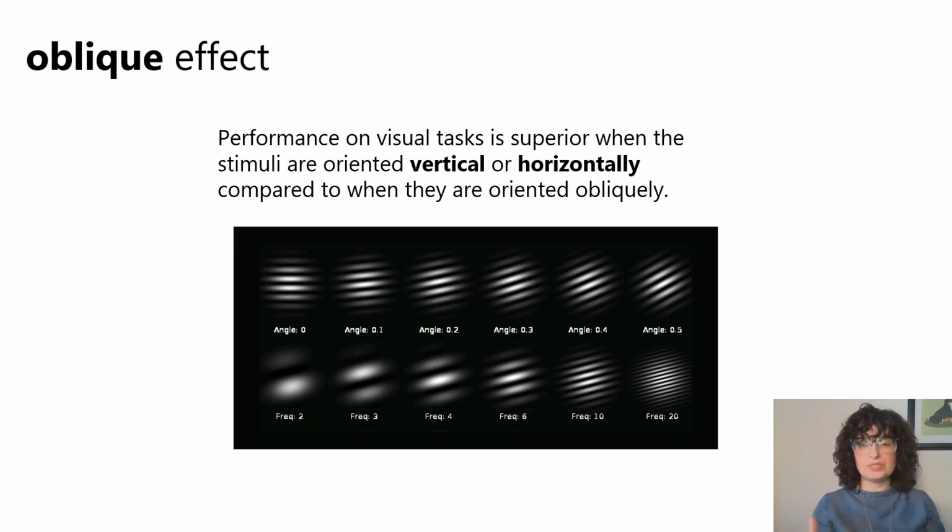What you do is you present stimuli that have a very high frequency and you ask people to make judgments about whether or not the frequency is the same or different on two patches. It turns out people do this task better if the lines are either vertically or horizontally oriented. If they are at an angle as they are here, people actually do worse.